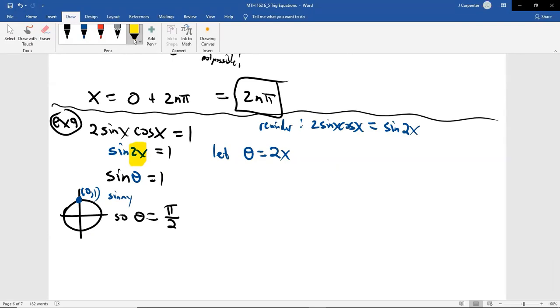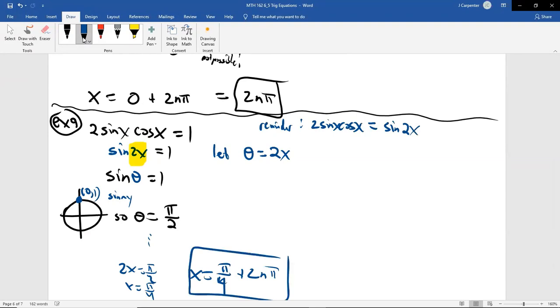So even though I did not say this was bounded, we know that we do a plus 2n pi somewhere. But if you kept going and said, oh, okay, well, this is 2x equals pi over 2, so x is equal to pi over 4, and then you go x equals pi over 4 plus 2n pi, this is what a lot of people will think the answer is, and this is wrong.